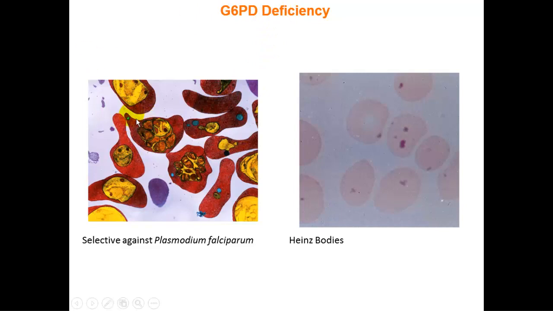So somehow throughout evolution, a compromise was reached so that many people where malaria is endemic have red blood cells that are glucose 6-phosphate deficient. However, these individuals are also resistant to Plasmodium falciparum and don't get malaria.